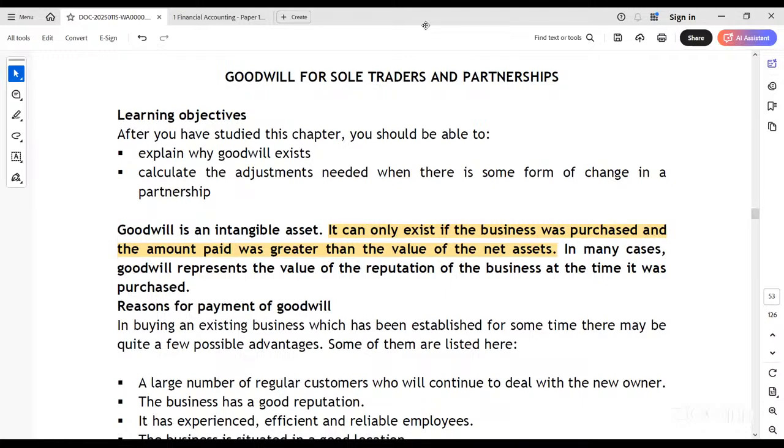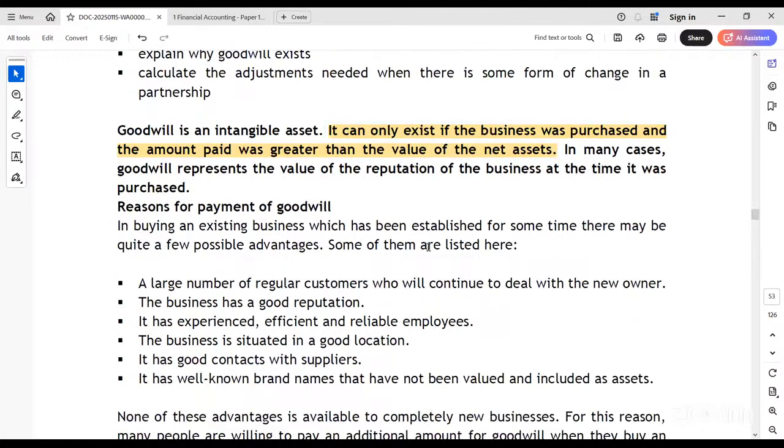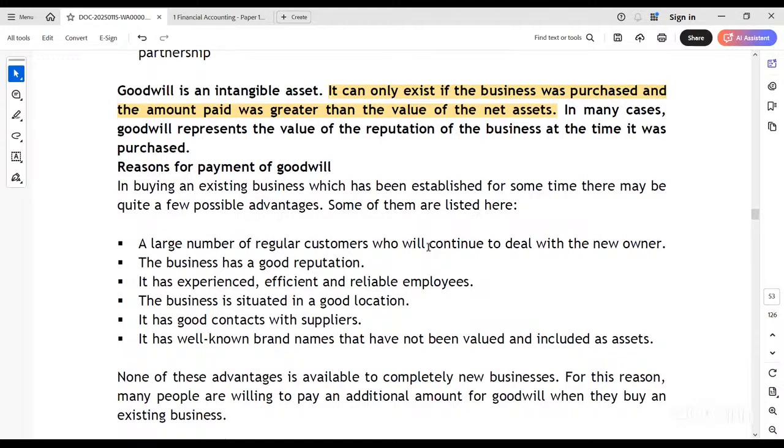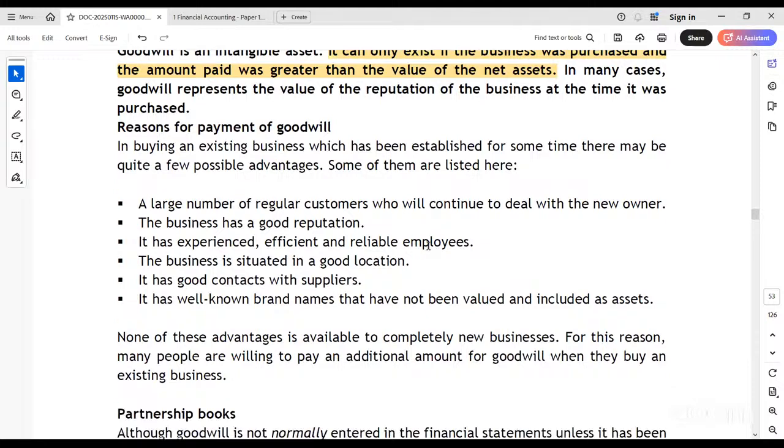When you look at the notes, you'll see that in buying an existing business, which has been established for some time, there may be quite a few possible advantages, such as a strong competitive advantage, making it hard for competitors to replicate. Okay, thank you, Susan. So these are some of the reasons why, if you're buying an existing business, you have to pay for goodwill. Catherine on YouTube is saying that it's because the business already has an established name.